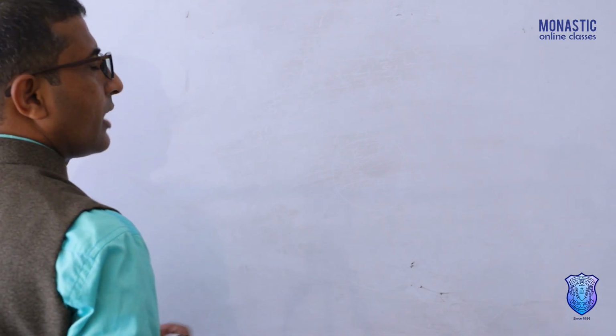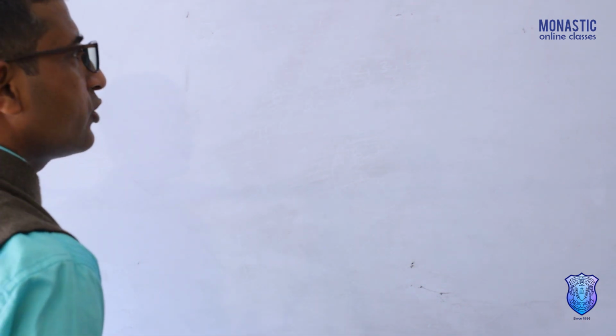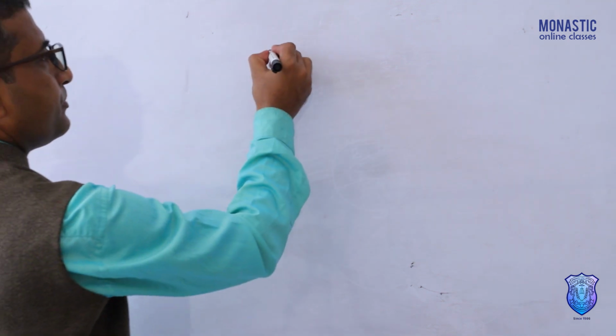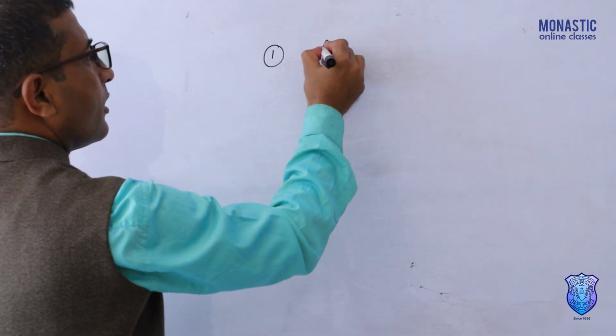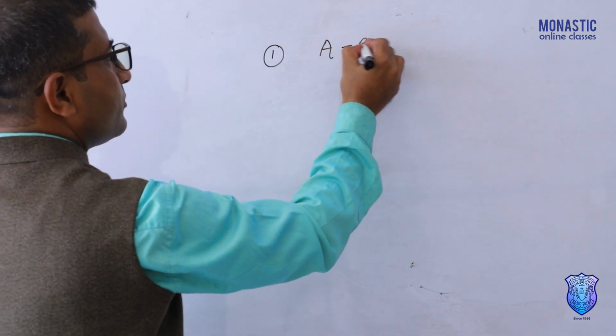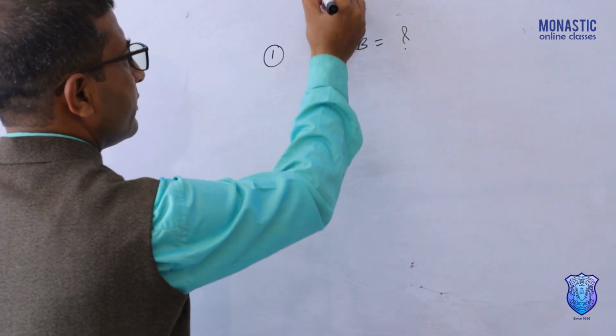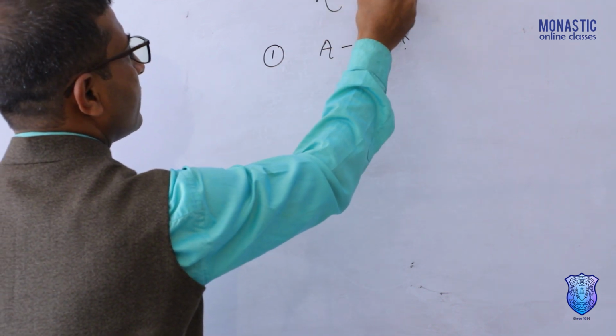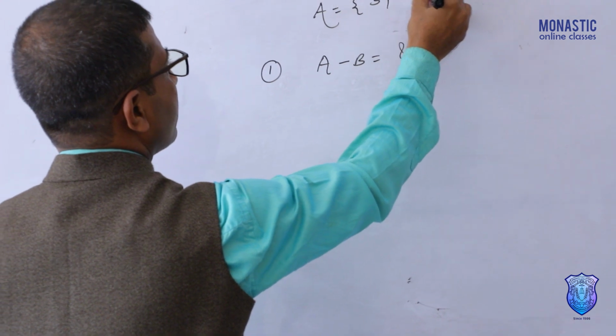Then we have learned 2 more operations, that is complement and difference. A difference B. If we have to find this, 2 sets A and B are given.